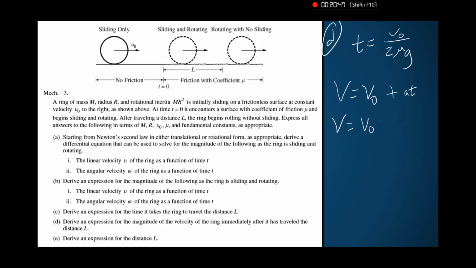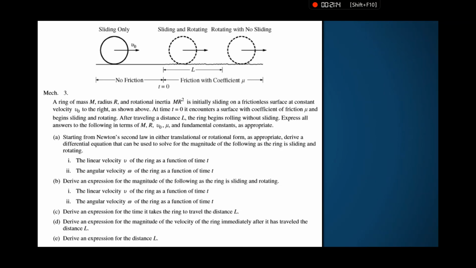So our acceleration is negative mu g, times our time. Okay, so my mu g's can cancel. And it leaves me with v naught minus 1/2 v naught. So v is equal to what? V naught over 2.